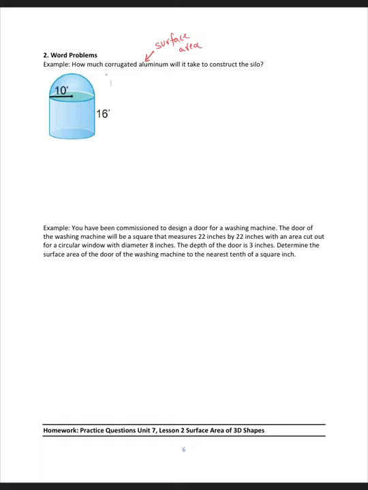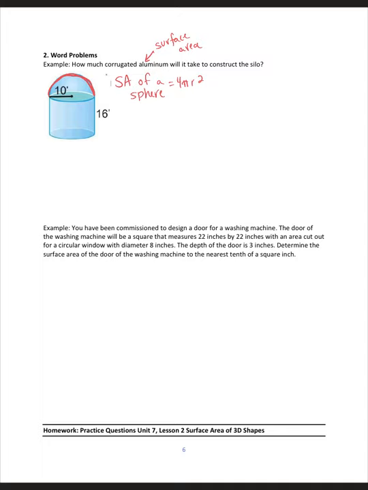So first things first, we have half of a sphere here. So we need to know the formula for surface area of a sphere. Okay, and if you look on your formula sheet, you're going to see that that is 4 pi r squared.